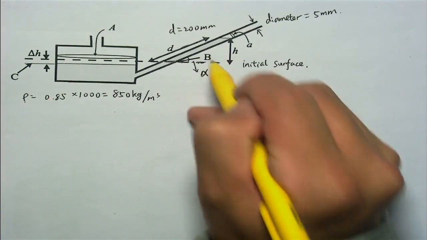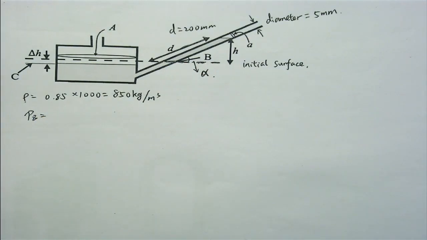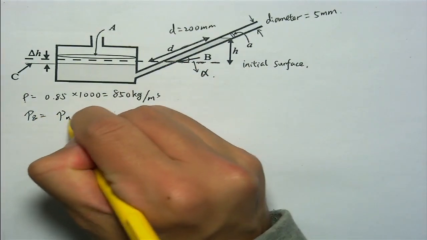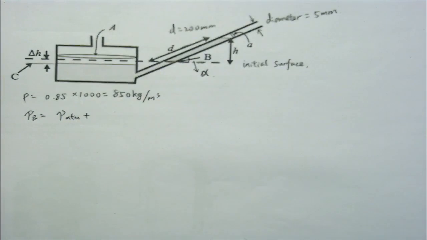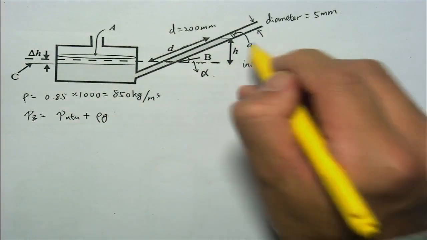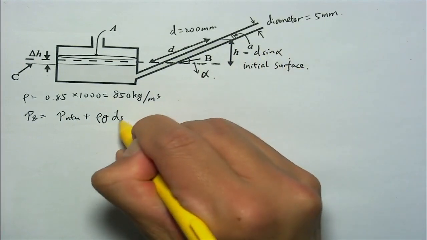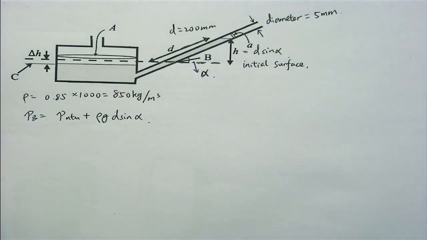We noted it as B. So the PB, the pressure B is what? Is atmosphere pressure plus rho GH. H is D sine alpha here. Right?